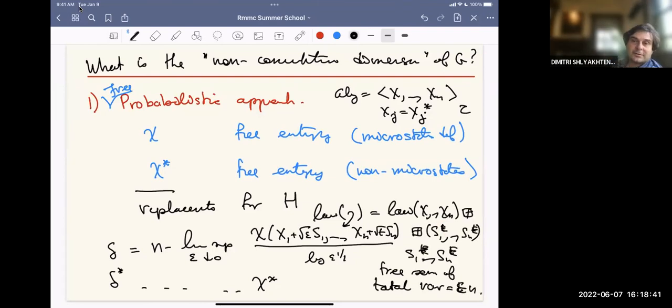Right, so it's kind of the same object. And as I said, whatever definition of free entropy you come up with, you can substitute that there, and you get a quantity of something.